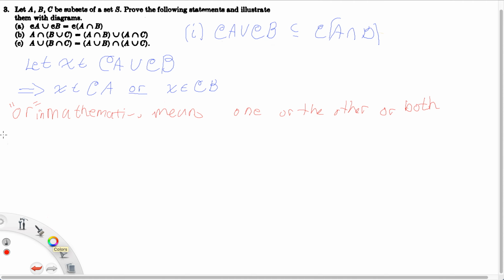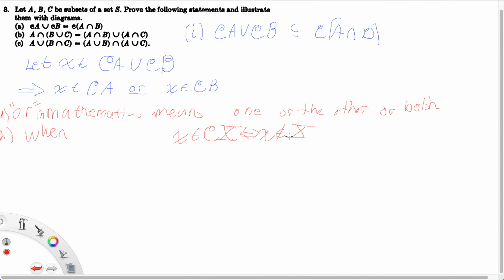And the second thing is just to remember, when x is in the complement of some set X, just any general set X, then that means that x is not in X. This is an if and only if statement.